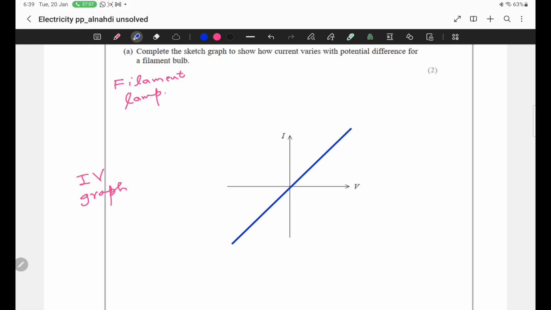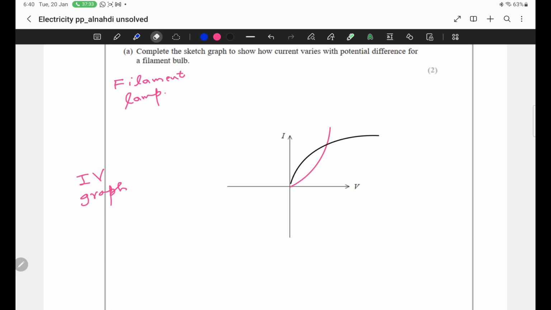Will it be a straight line, or will it be a curve? And there are two types of curve: bending towards the current axis or bending away from the current axis. So what is the shape of the IV graph for a filament lamp, Abdullah? Will it be a straight line or not?